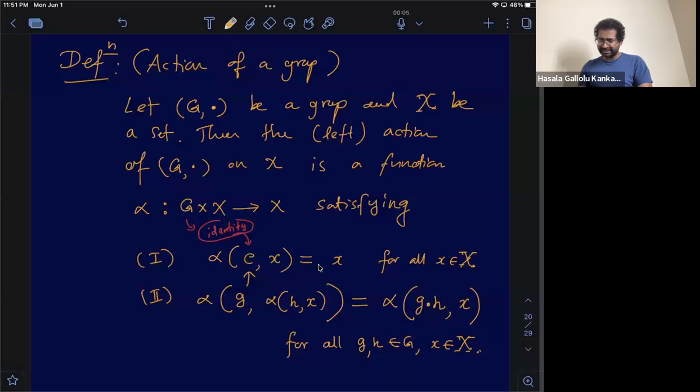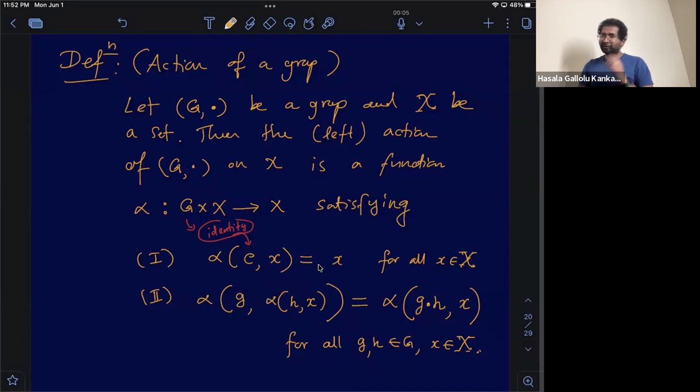So there is a specific element that would serve as the identity. So it is just like an action. One of the actions is doing nothing, just preserving exactly what it is. Like just look at it and that's it. So this is that identity element, that is exactly associated with the identity of the group.